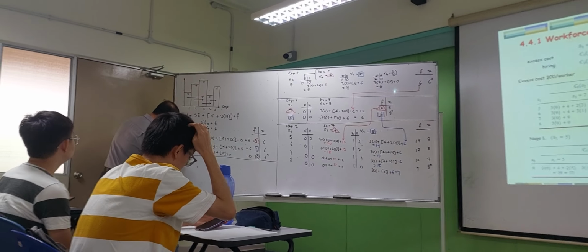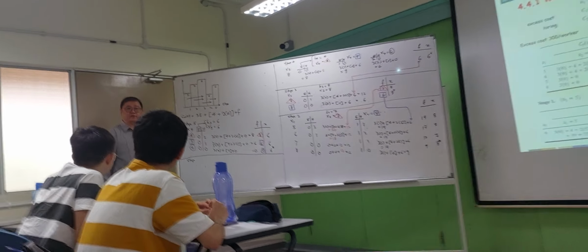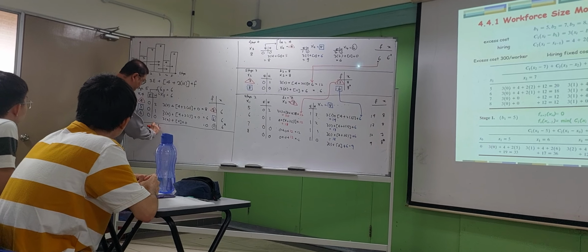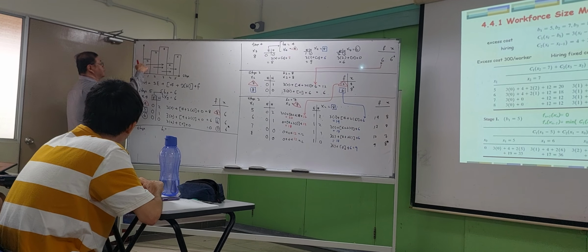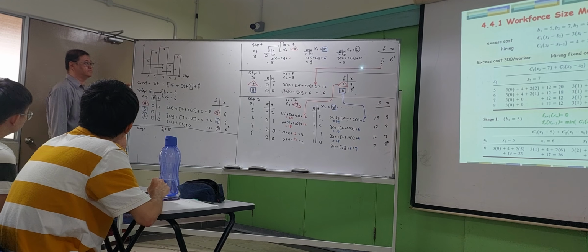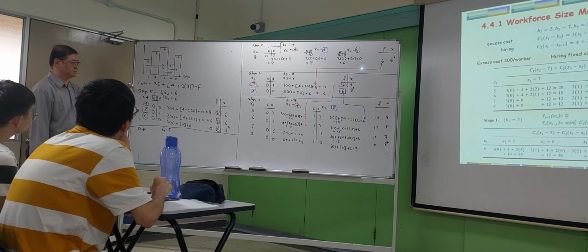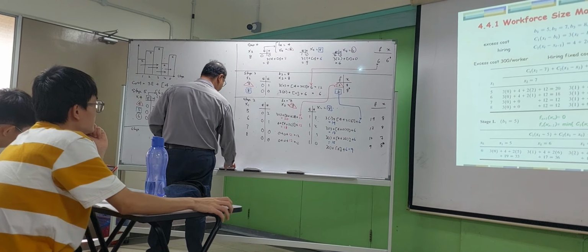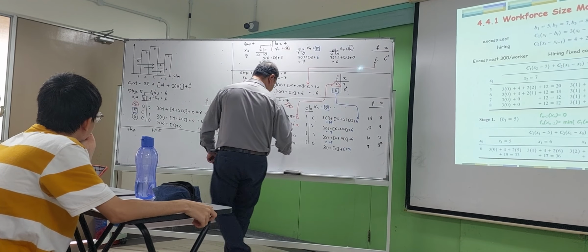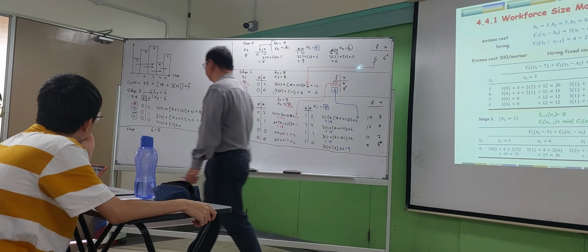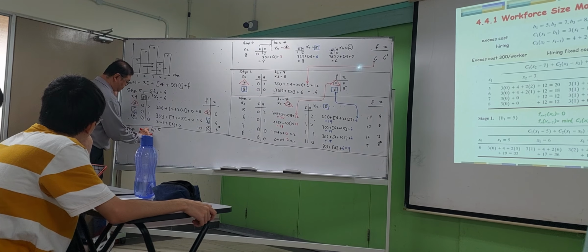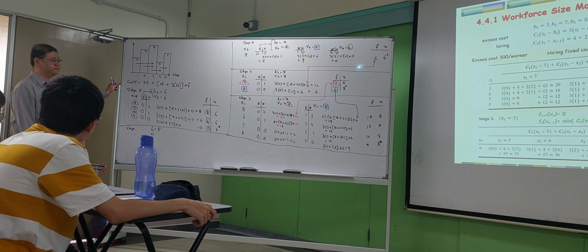So stage 1. What you do first? You put down V1. This is the same value. Okay? So V1 equals 5. What about X1?